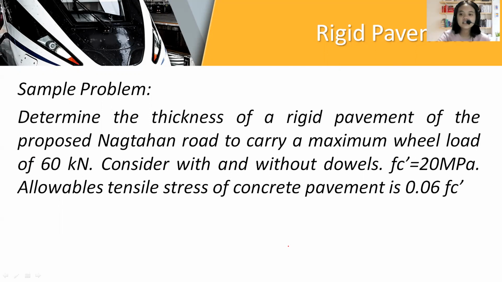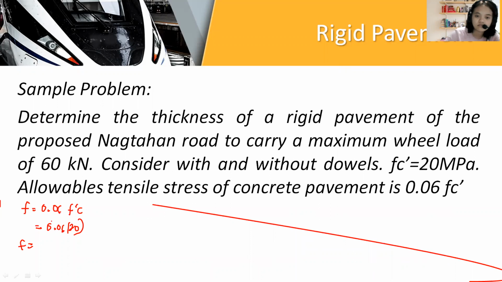So, tensile stress o yung F natin is 0.06 of f prime c. And this is equal to 0.06 of 20 megapascal. So, yung F natin is 0.06 times 20, that is 1.2.